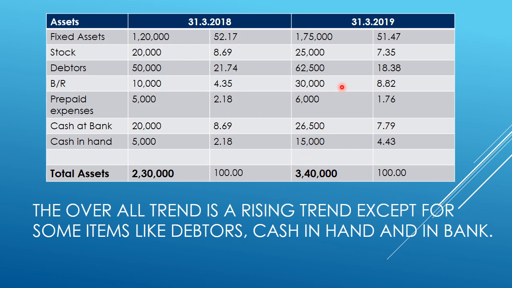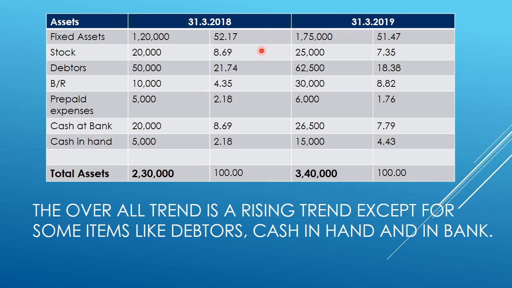Just look at this. Why the statement is important. Fixed assets were 1,20,000. In the next year, the fixed assets have gone up to 1,75,000. So there is almost a 55,000 rupees rise in the fixed assets. But if you look at the whole picture, previously it was 52.17% of the total assets. Now it is only 51.47%. So percentage-wise, the proportion of fixed assets has reduced.